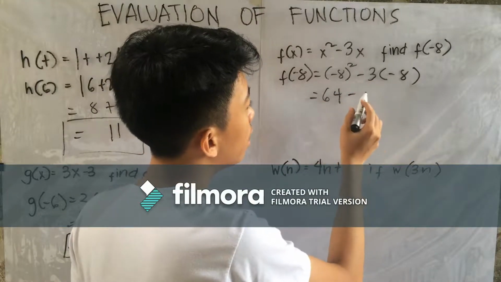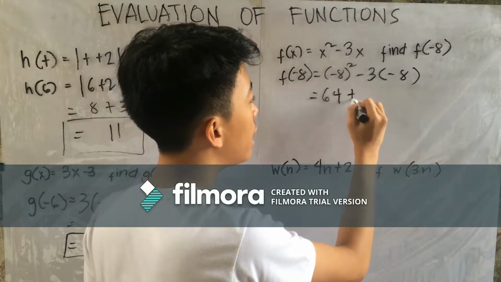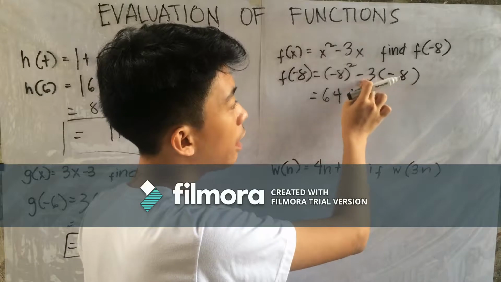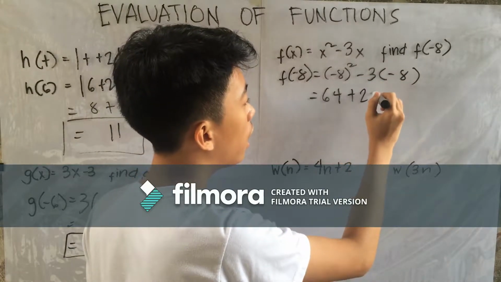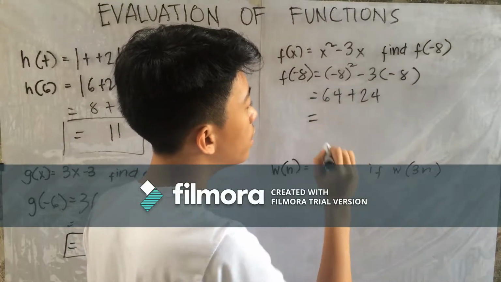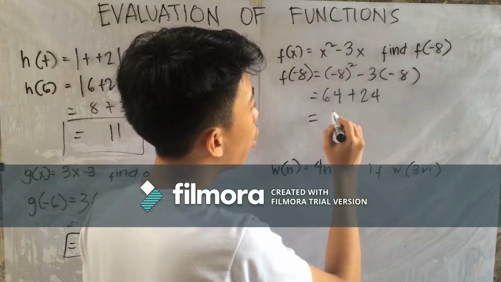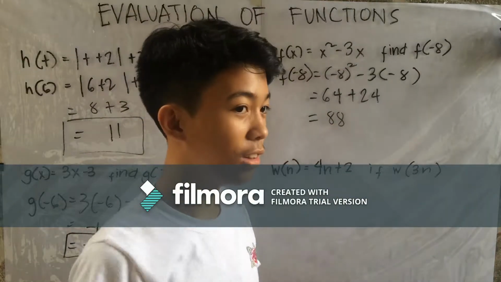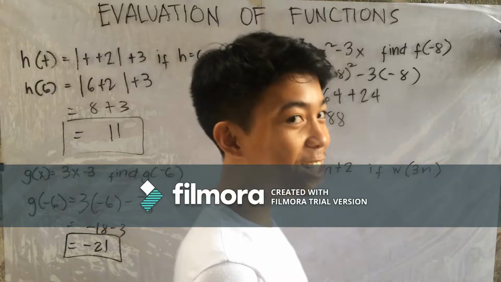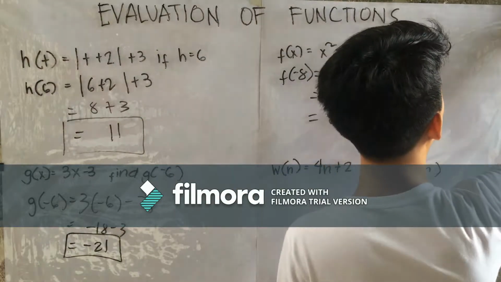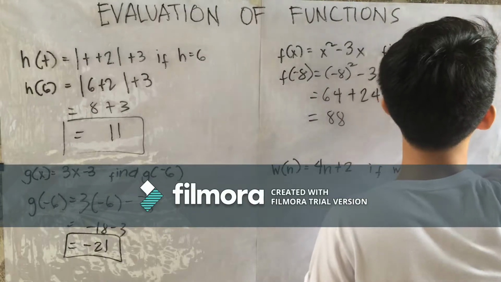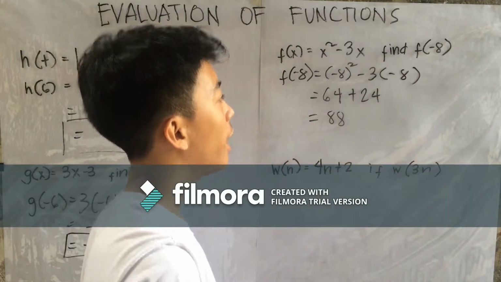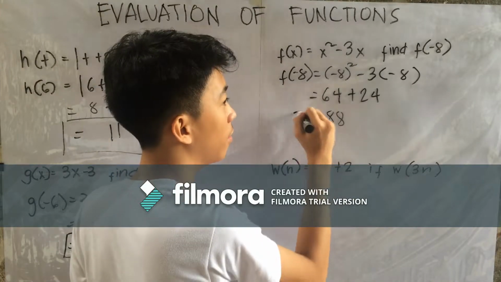Minus, ay magiging plus na siya kasi negative yung nasa loob ng parenthesis, pati yung nasa labas. So, 8 times 3 is 24. So, 64 plus 24 is 88.